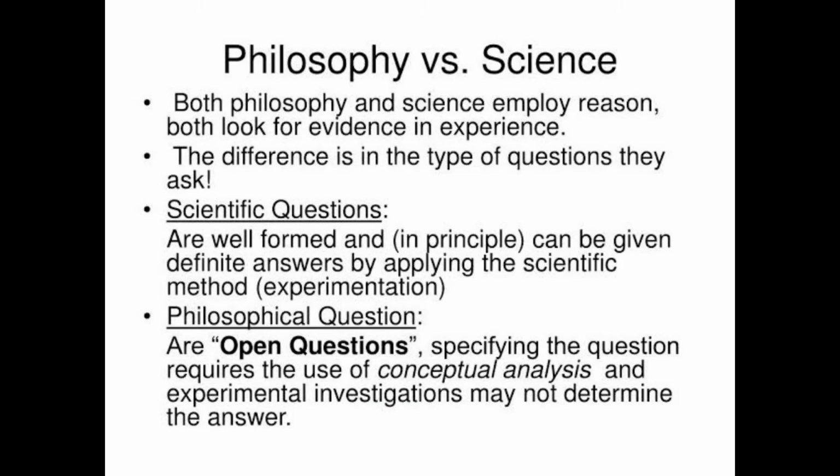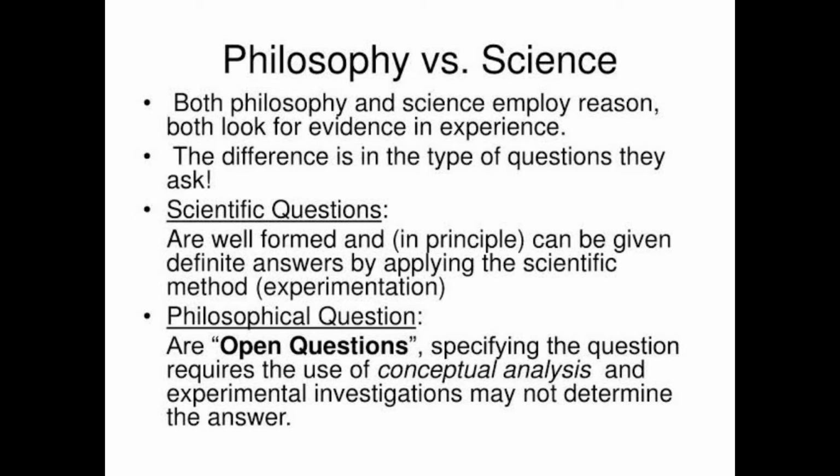Both philosophy and science employ reason, both look for evidence and experience. The difference is the type of question they ask. Scientific questions are well informed and can be given a definite answer by applying the scientific method. Philosophical questions are open questions.